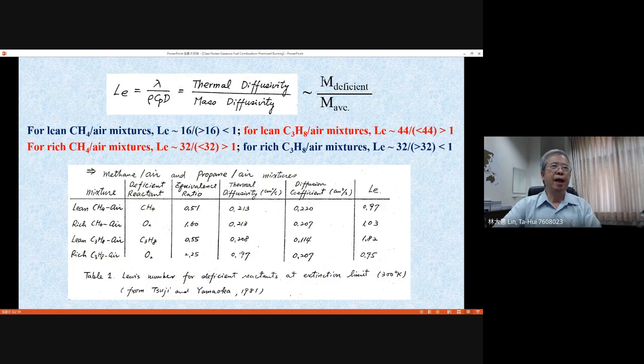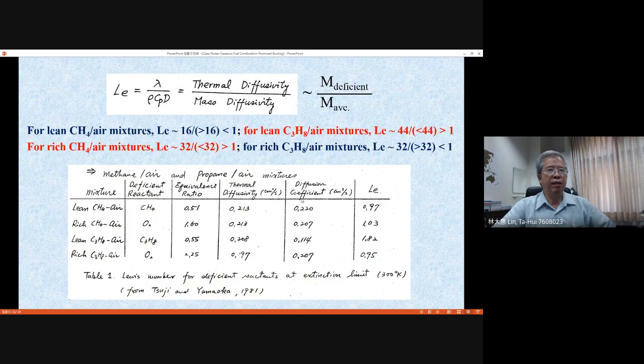Okay, this is the idea we can think about when you have a premixture of fuel burning in the air, and you try to estimate how large the Lewis number may be. Now I give you some practice here. This is the table, and you can find the exact thermal diffusivity or diffusion coefficient D from the thermodynamic table.